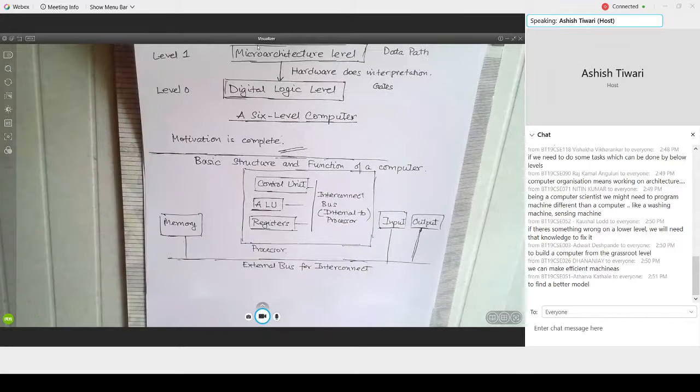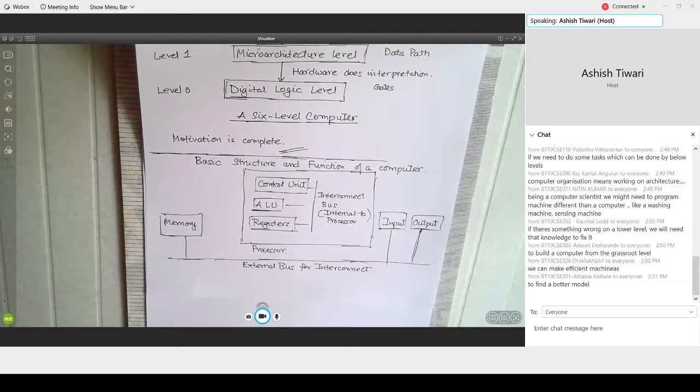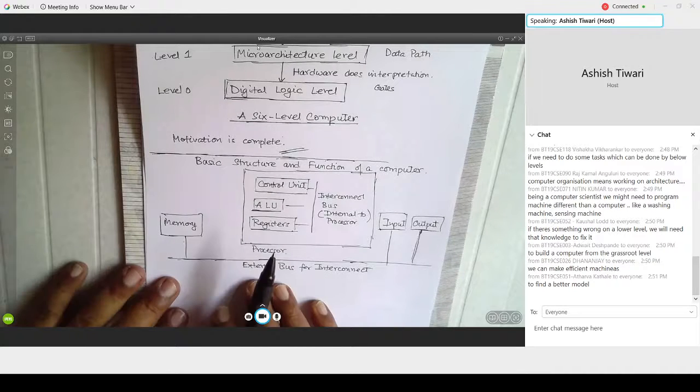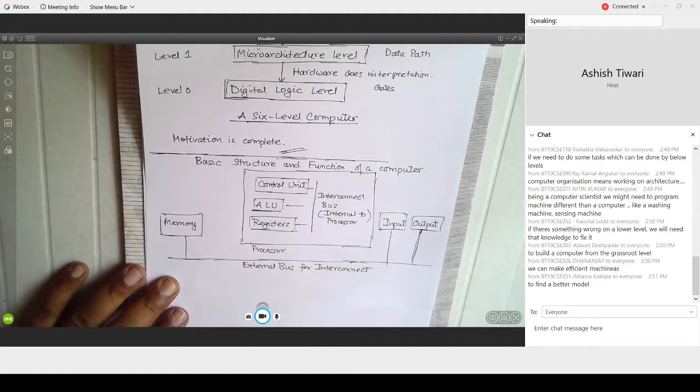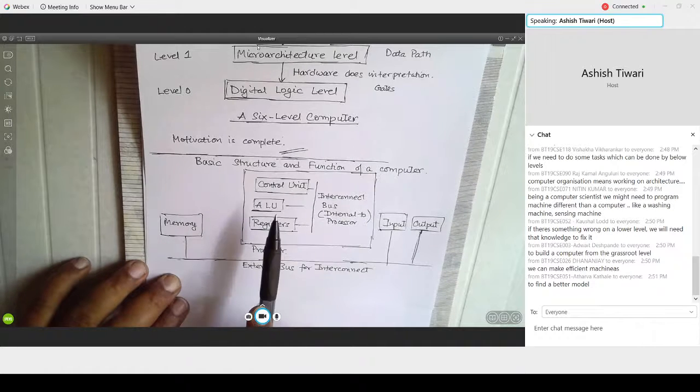So maybe you can draw this. Okay, so this is a very high level diagram of how a computer looks, right?